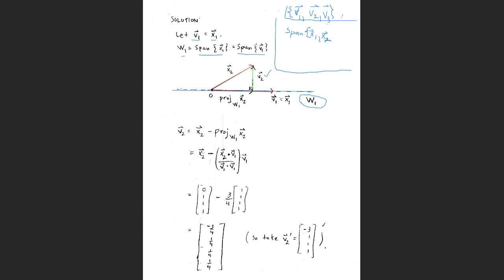equal to the span of x1 and v2? Is the span of the vectors x1 and x2 equal to the span of the vectors x1 and v2?